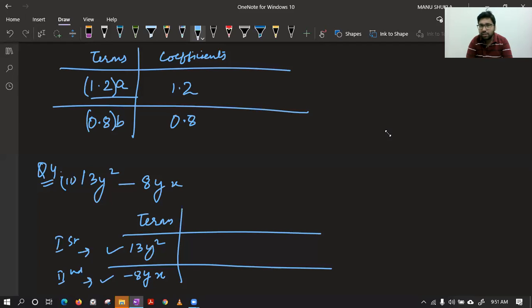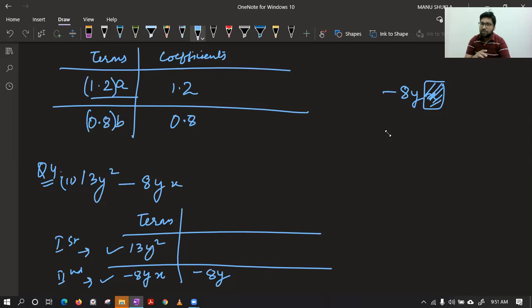Class, see, you have minus 8yx. They want you to find the coefficient of x. So cover the x with your hand. What is getting multiplied in x? Not only 8. Please understand this thing. Minus 8y is the coefficient of x.